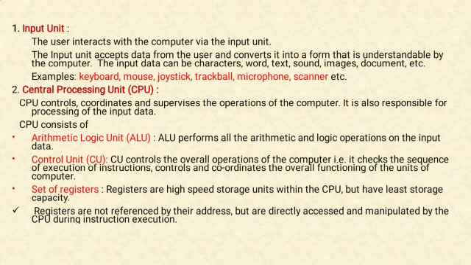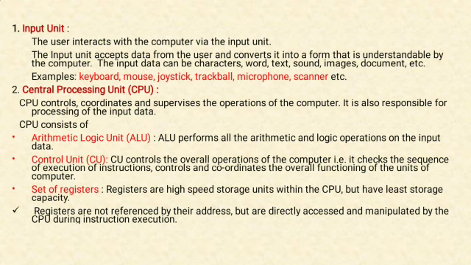And the second unit, that is the central processing unit. As I already told you, it consists of arithmetic logic unit, control unit, and registers. What is CPU? CPU's role is to control, coordinate, and supervise the operations of the computer. It is also responsible for processing of the input data.